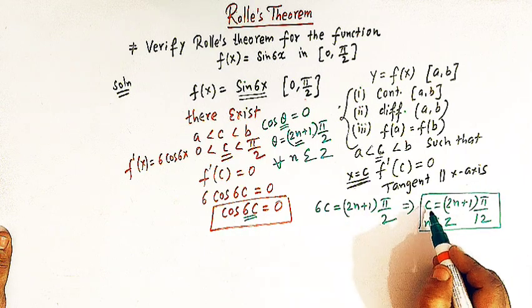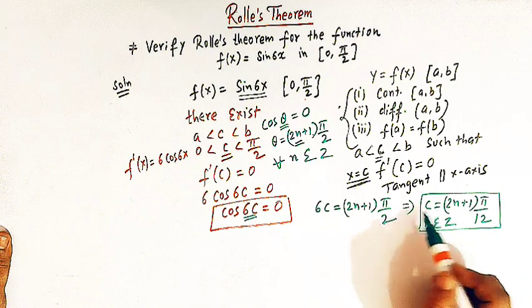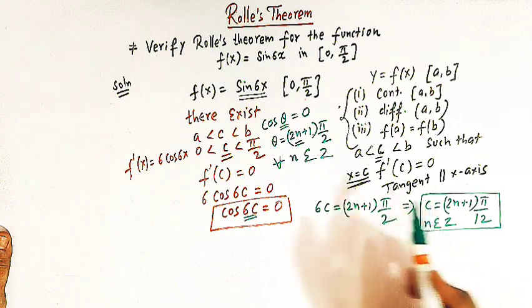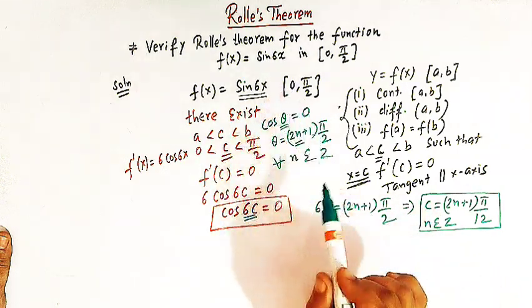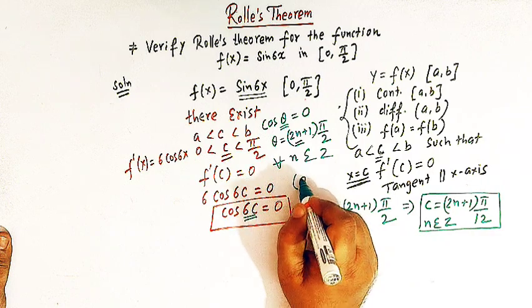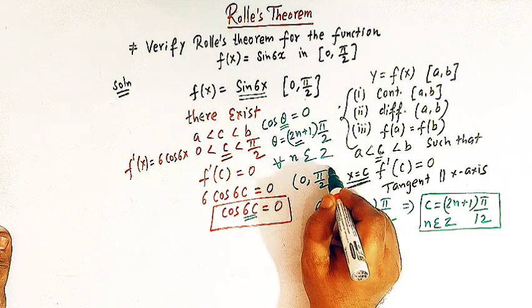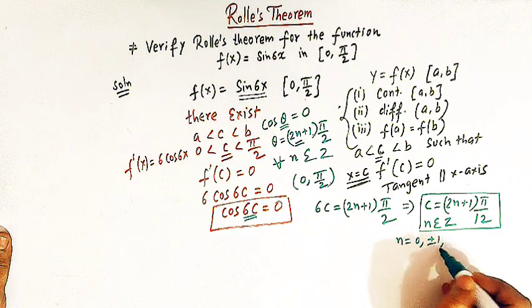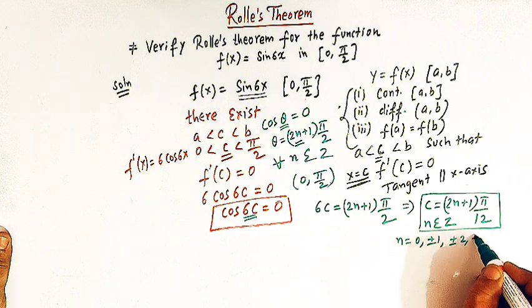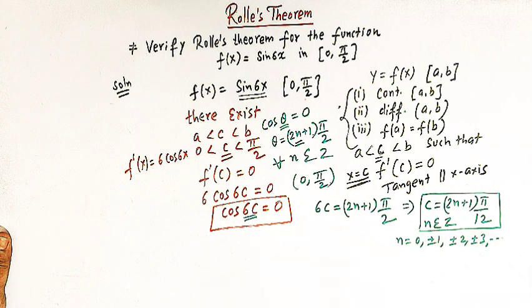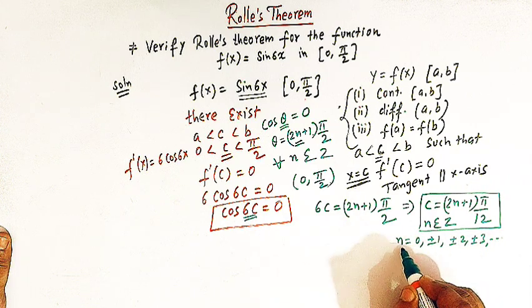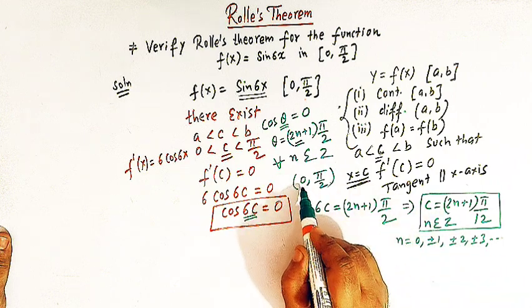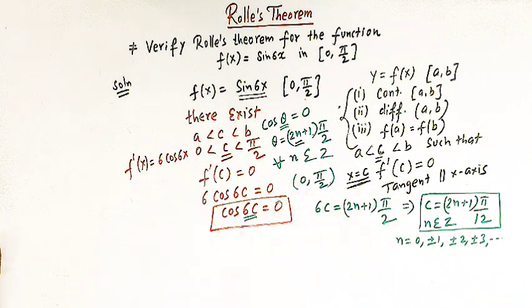But we have to find that value of c which lies between this interval, that is 0 comma pi by 2, right? So here n is 0, plus minus 1, plus minus 2, plus minus 3 and so on, right? So here we'll take some values of n which fall in the interval 0 comma pi by 2.